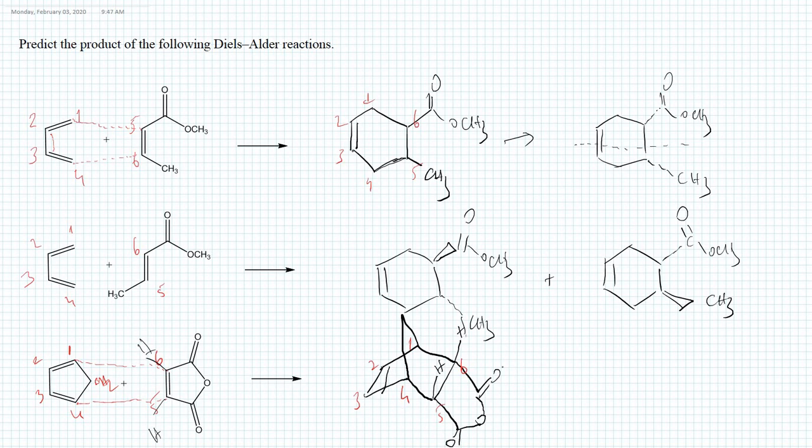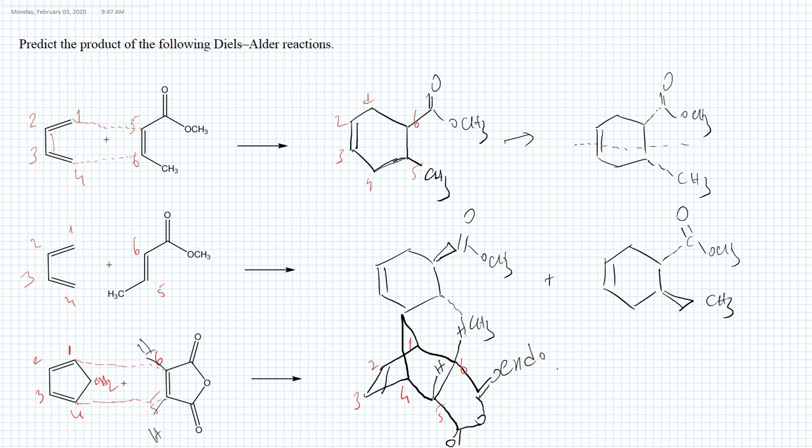So this product is called the endo product. And there is one more possible product. Instead of the cyclic ester facing the same way as this ethylene bridge, it might be on the same side as the methylene bridge, like hydrogen and hydrogen. It's called the exo product, but the endo product is the major product.